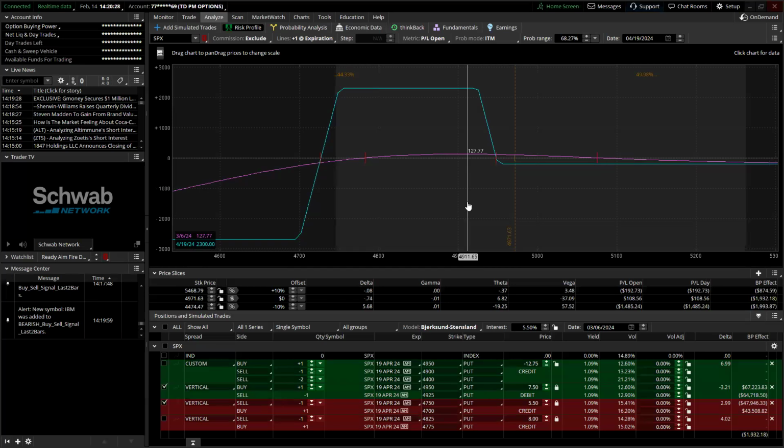Our target is 270, so we're not quite there. But you can say, all right, if I'm up 130 on $2,700 worth of risk in 3 weeks, that's about a 4.81% return on risk in 3 weeks. If that's a decent enough return on risk for you, maybe you decide to get out.